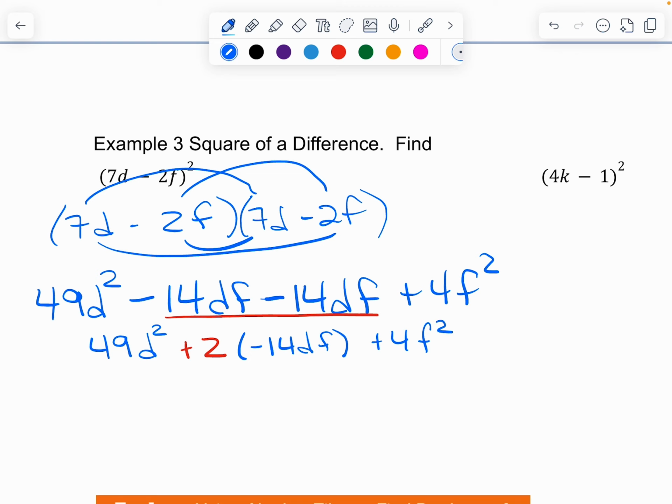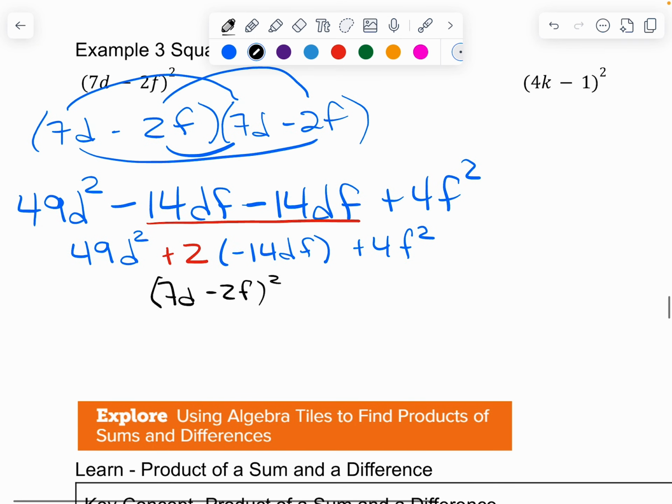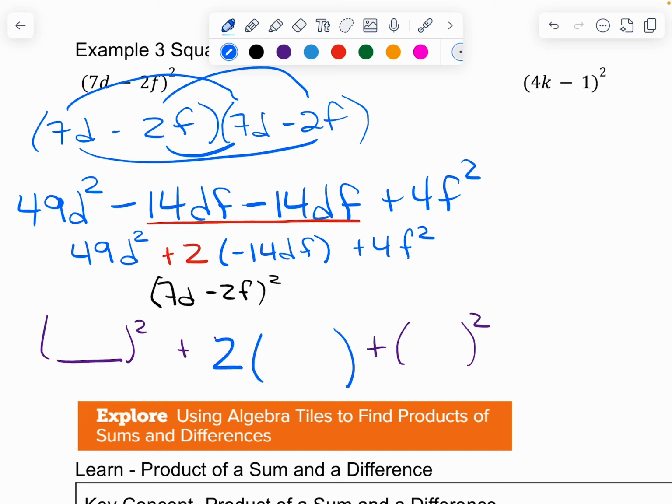So if I had done it the other way, and I had 7d minus 2f all squared, I take the first one, I square it, and plus the last one, and square it. And in the middle, I have 2 times those multiplied together.